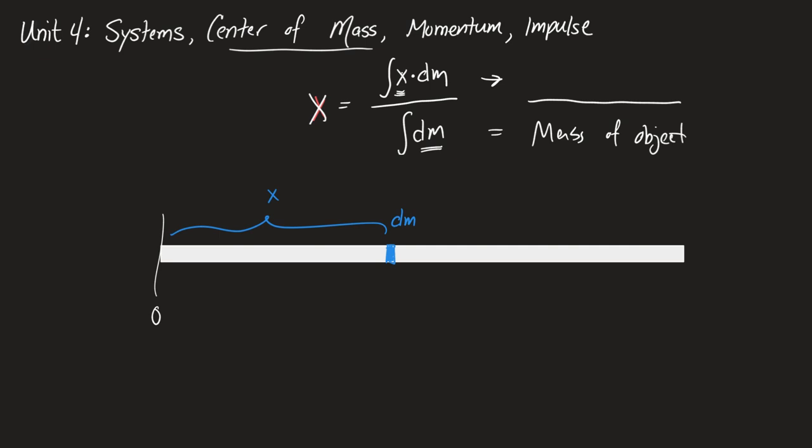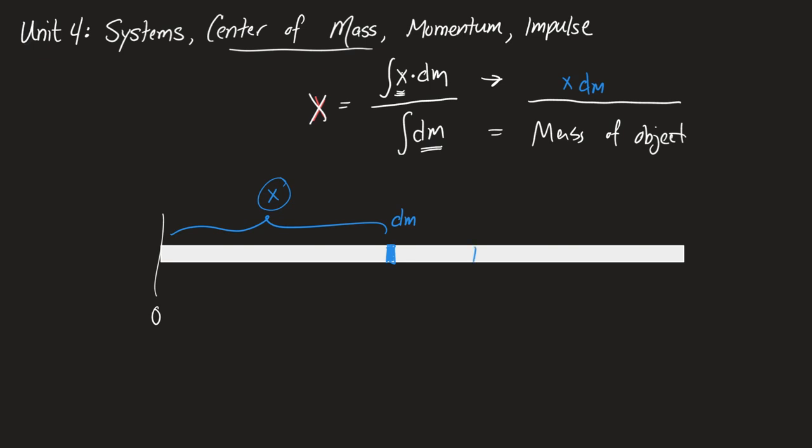So I take that 1 centimeter location and I find out how far away it is from 0. And I say, okay, multiply the mass of that piece by how far away it is from 0.